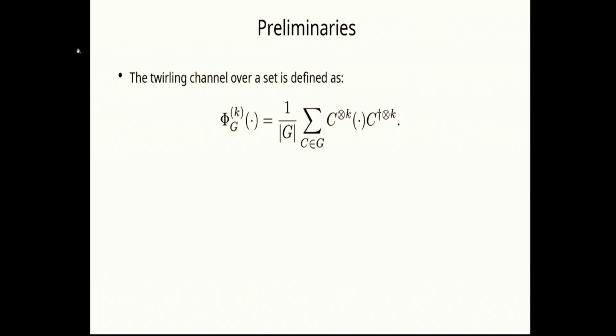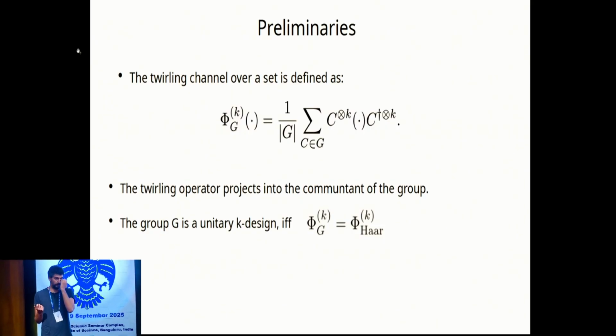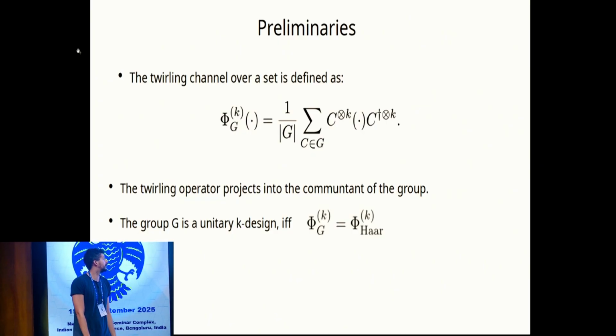Now, there's one useful tool here that is called the twirling operator. It is a channel that essentially is the process where you choose a random Clifford and then apply it to your system. And this twirling operator, because the Cliffords form a group, has a very nice property: it projects basically any operator into the commutant of our group.